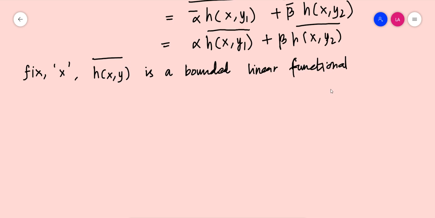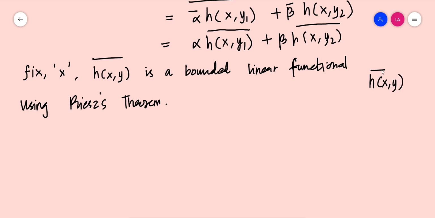So this is a bounded linear functional. We are fixing x. Now, using Riesz's theorem, every bounded linear functional can be represented in this form. Here y is the variable, so the conjugate of h of x, y can be written as some g of y. Here y is the variable, x is fixed.